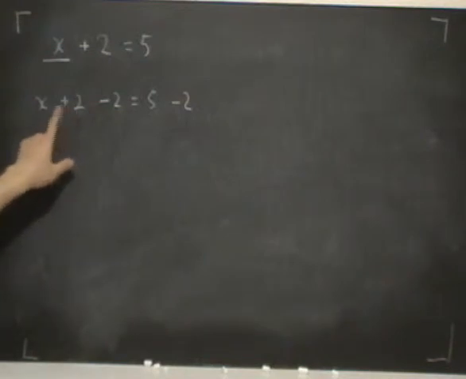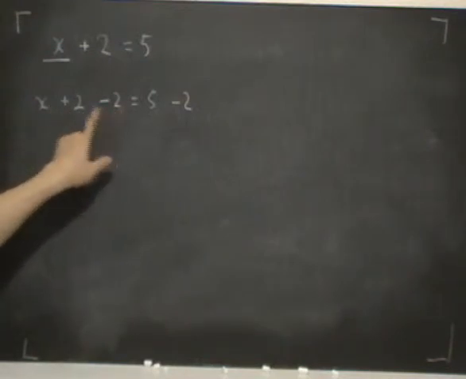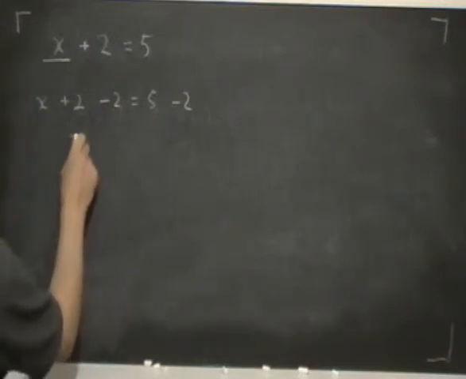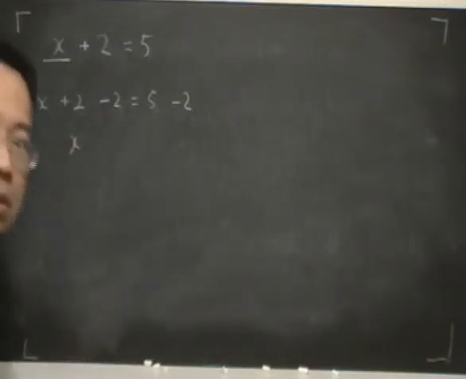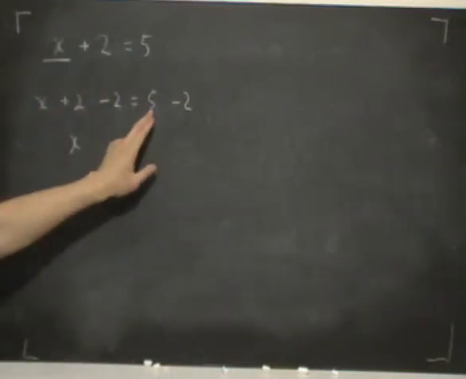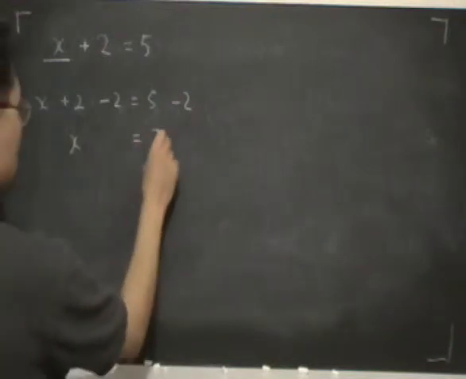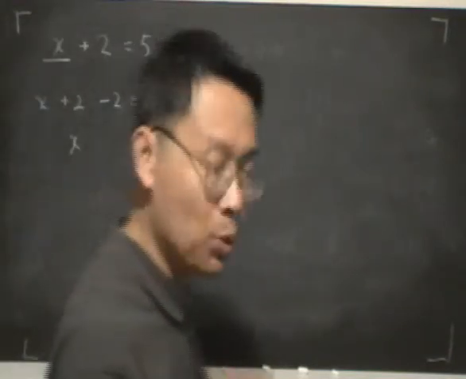If I have x plus 2 minus 2, 2 minus 2 is 0. So I have just x left on the left side, and on the right side I have 5 minus 2, which is 3. Look at what we have now.